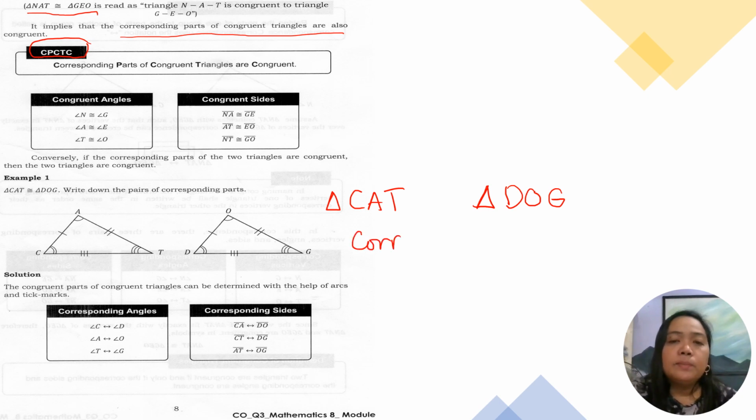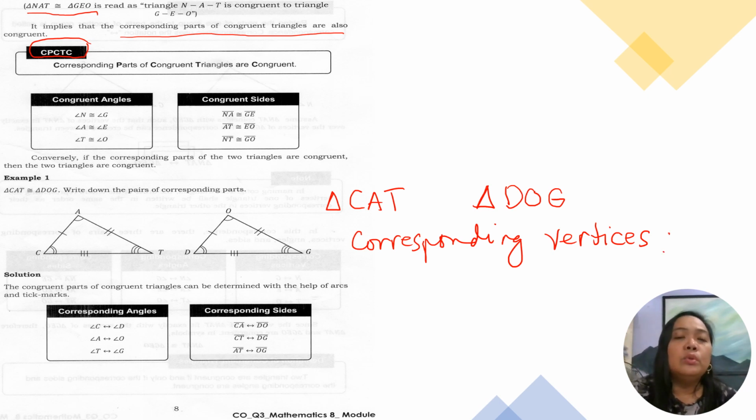Here are the corresponding vertices. Make sure that when you list down the corresponding congruent sides and the corresponding congruent angles of two triangles, their vertices must coincide, must correspond also, or must fit together.